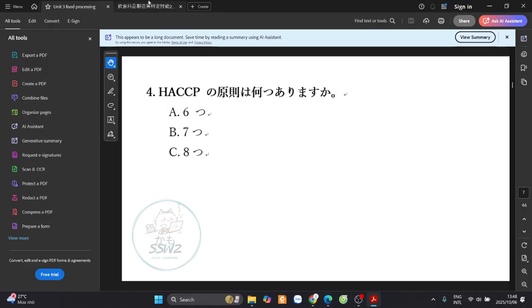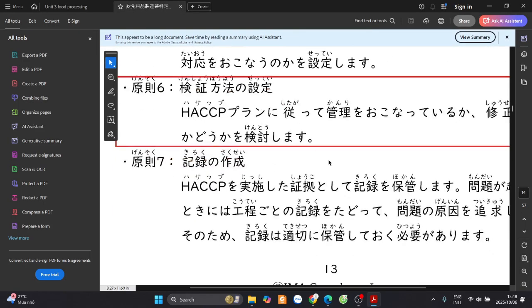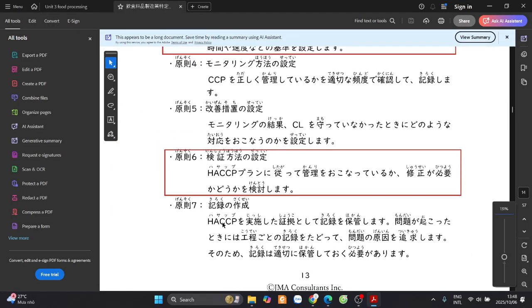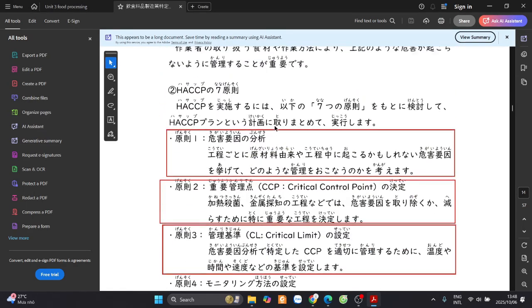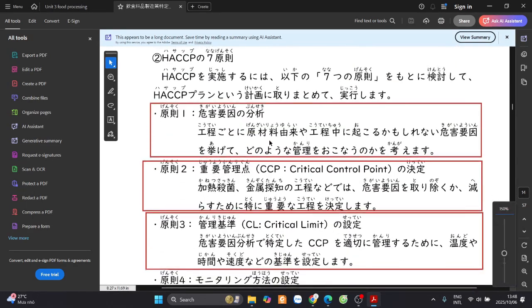Okay, so we can remember that in the book here there are 7 原則, or 7 principles, for HACCP.